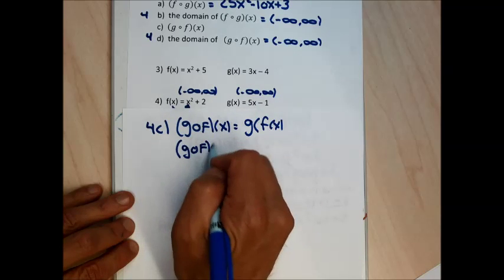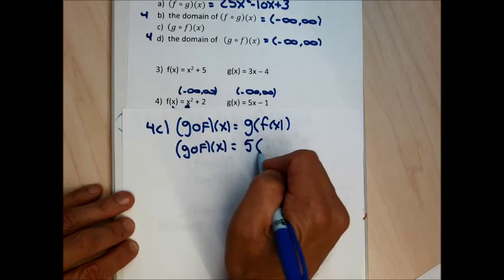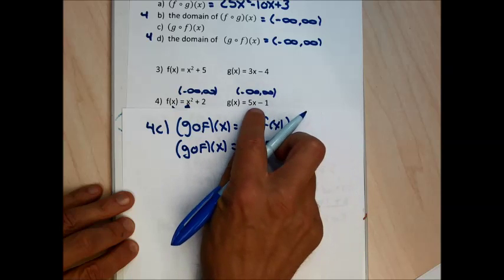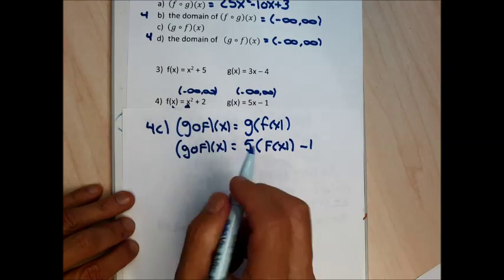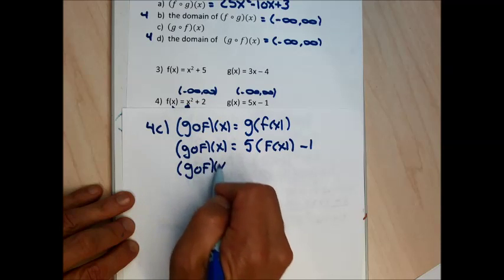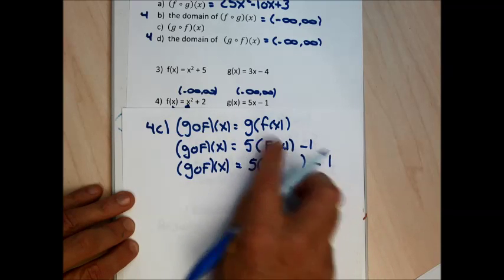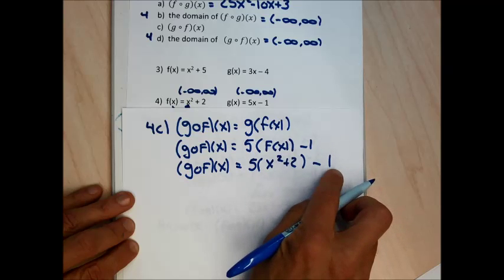So g composed with f of x is going to be 5 times f of x minus 1. I just changed that x to an f of x, and now I'm going to change the f of x to x squared plus 2. So g composed with f of x is going to be 5, and then the f of x changed to x squared plus 2, and then I still have the minus 1.